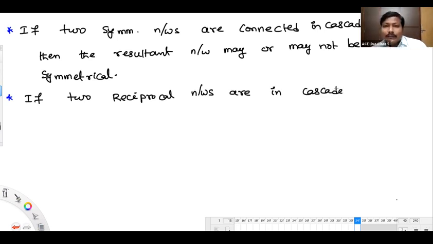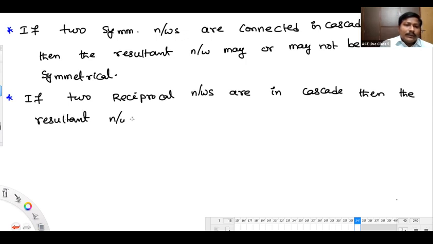The resultant network will always be reciprocal, because both networks consist only of passive elements, right? And obviously the resultant network also consists of passive elements.